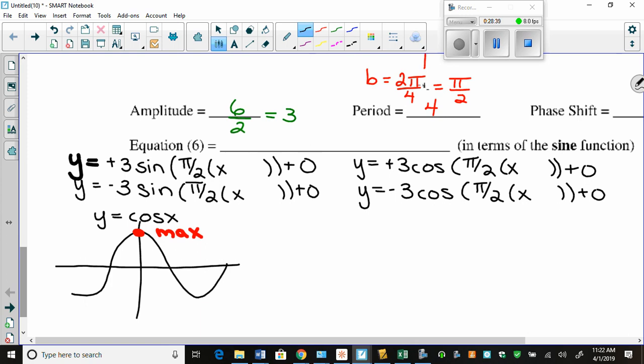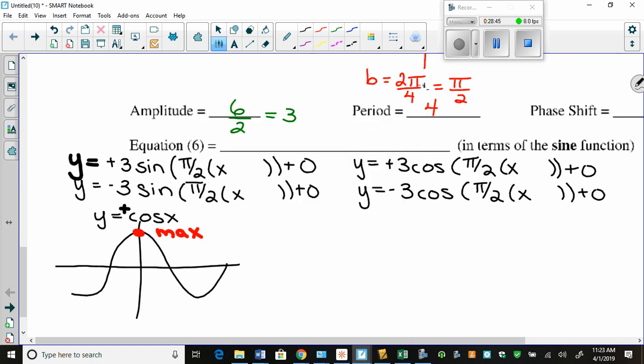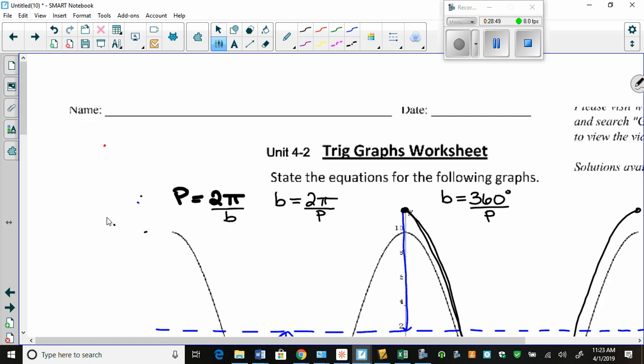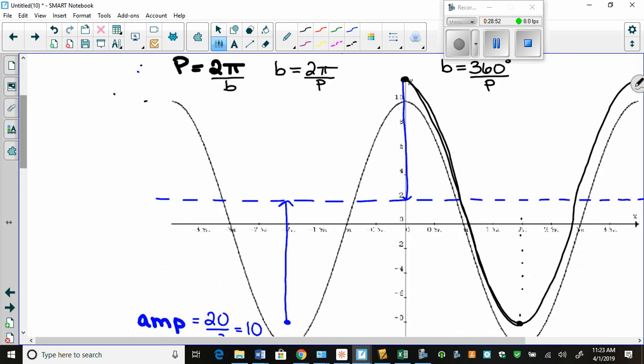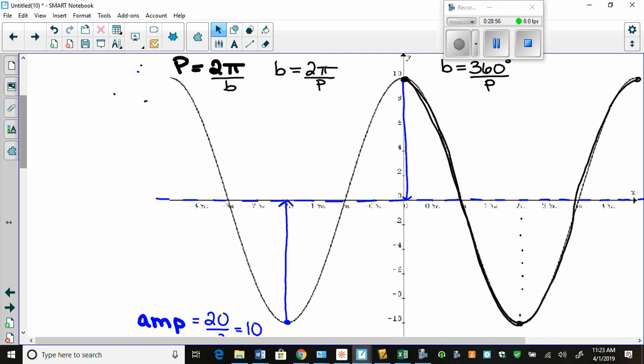So if it's a positive cos, we look for the closest max. So we're going to go through and do all the positive coses. So where's the maximum as opposed to the y-axis here? Remember, horizontal shifts are how far away it is from the y-axis.